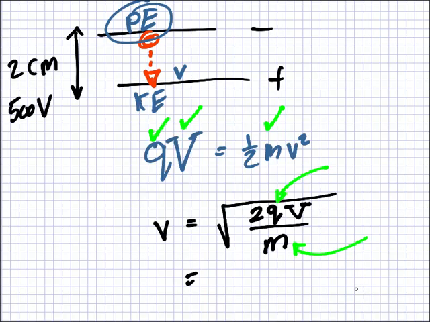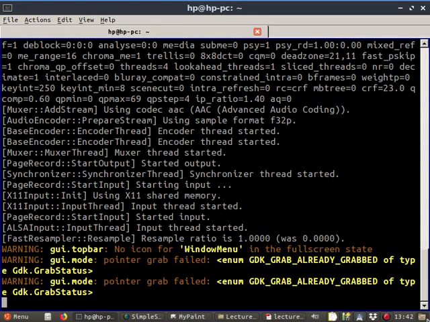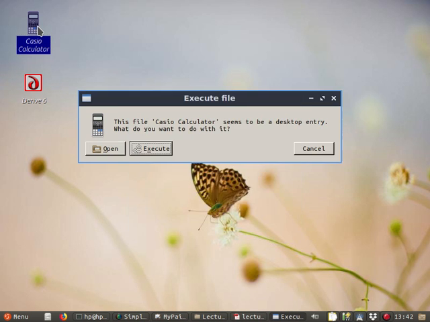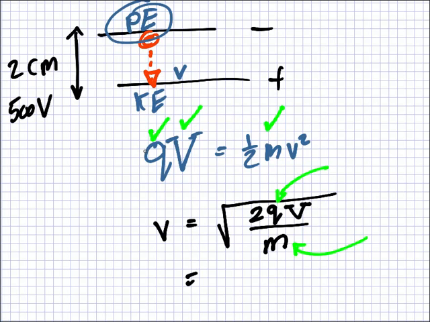I think I can get it on my calculator. Meters per second?